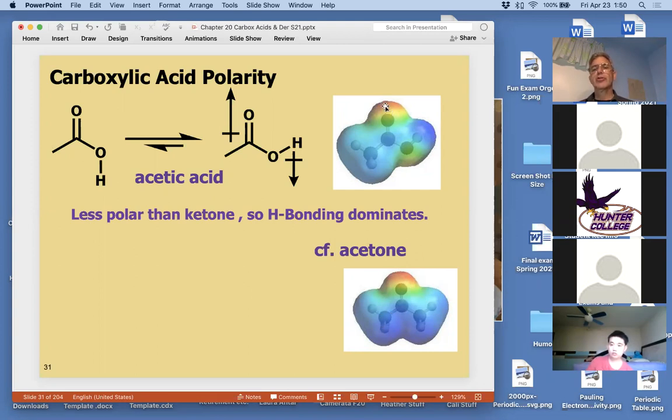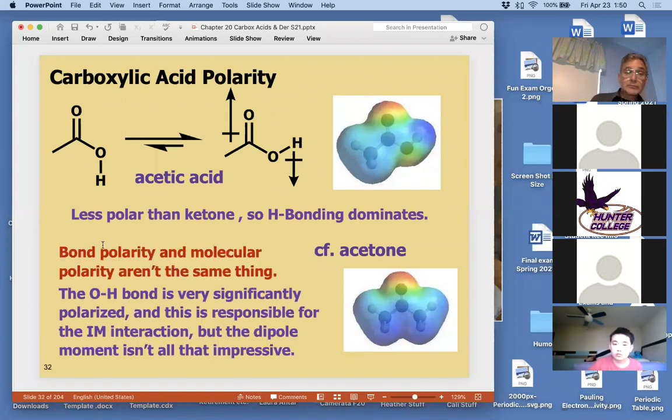This red and this red are comparable, but some of this is canceled on the top. Now you've got to be very careful comparing these electron density maps. They have to be done from the same source using the same parameters. You can't just pick them at random from the internet and compare them. If they come from the same site, they probably have the same parameters.